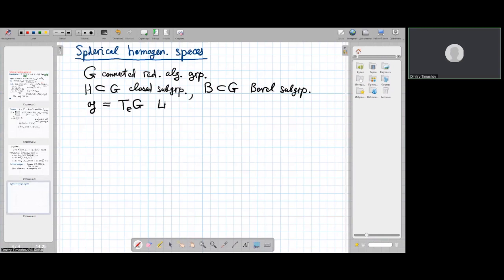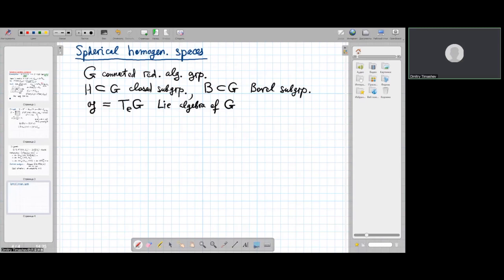Let me just recall what the Lie algebra of an algebraic group is. You may consider G as a subgroup in some GL_n, then this small German g is just a subspace in the tangent space for GL_n, in the space of n by n matrices. And it is a Lie subalgebra with respect to the commutator of matrices.